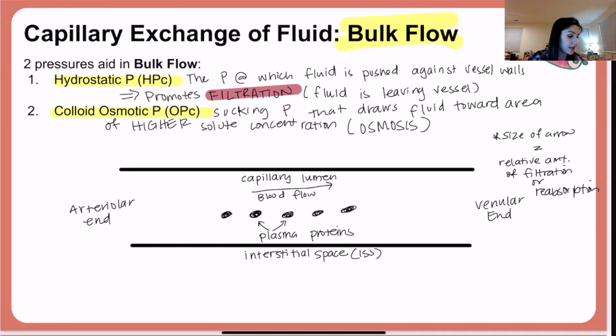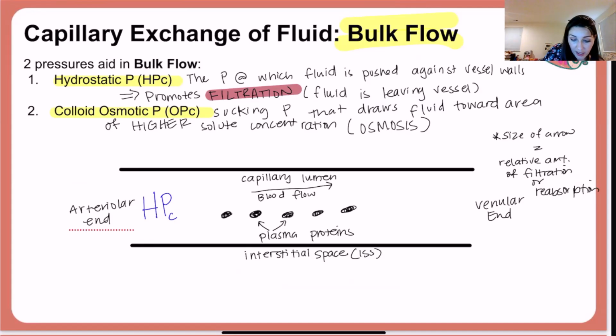So on the arteriolar end, what's happening with our hydrostatic pressure is that hydrostatic pressure is bigger. It's blood pressure. It's the pressure of fluid pushing on these vessel walls. So that hydrostatic pressure, our HPC, our hydrostatic pressure of the capillary, is pretty large.